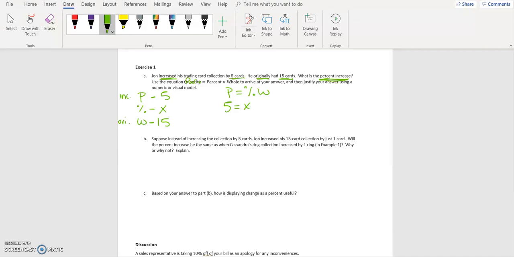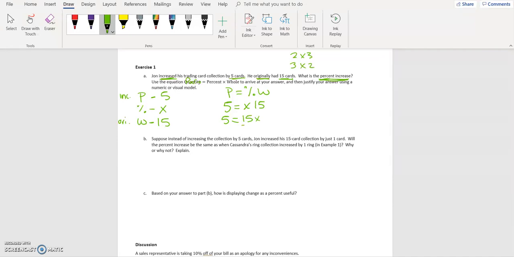And then W is going to be 15. You're multiplying these two things, and we don't ever see it like this. Our coefficient is supposed to be in front of our constant. So it should be 5 is equal to 15x. You can change the order of multiplication, just like 2 times 3 is the same as 3 times 2. Okay, so that's all we're doing there.